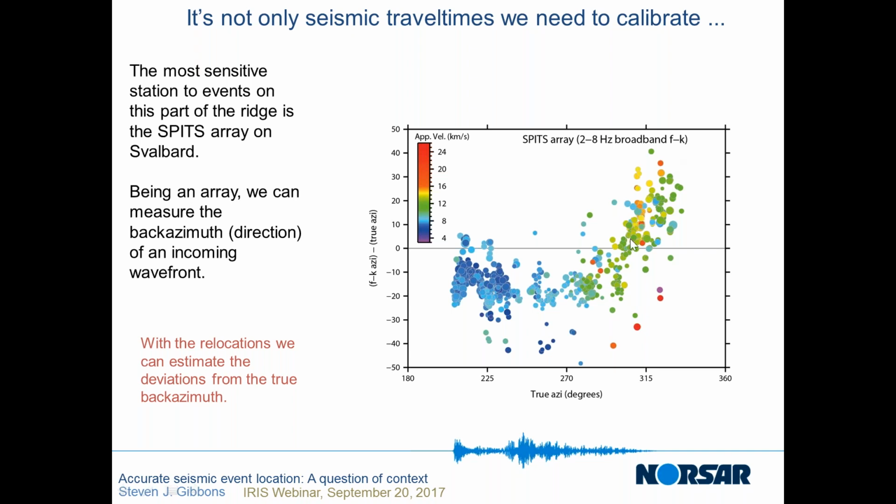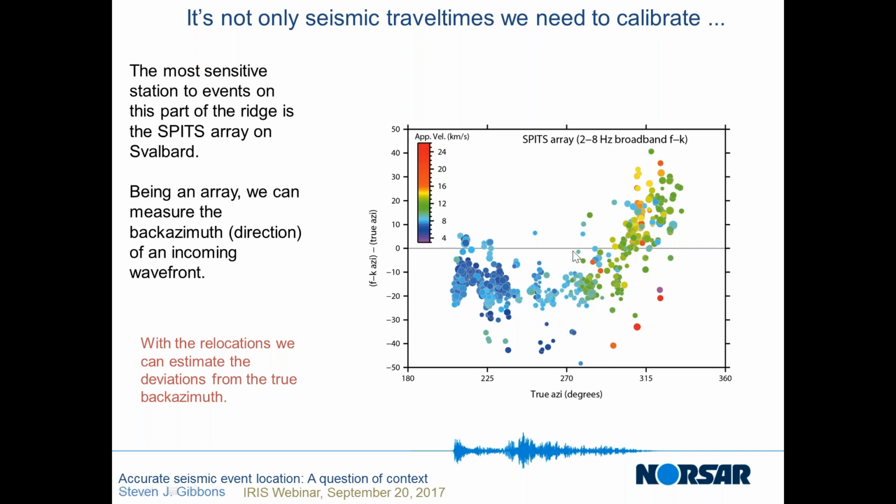But it was understood very soon after the array came into operation in the early 1990s that the back azimuth, so the direction from which a wave came from, the measurement you got for a given incoming wave was not particularly faithful to the actual direction. There was just a bias applied.